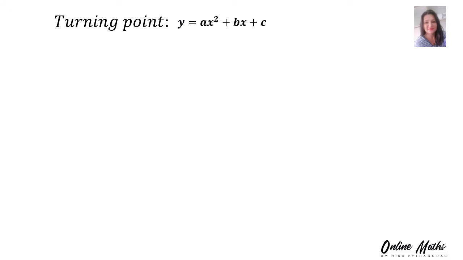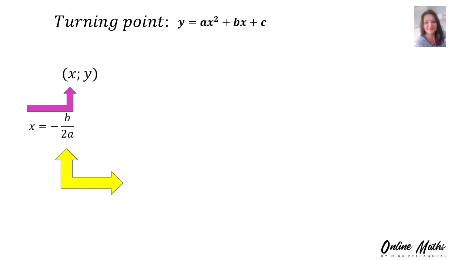Now to find the turning point of a parabola, the turning point consists of a coordinate, an x and a y coordinate. For the x coordinate of the turning point, you need this formula: x is equal to minus b over 2a.